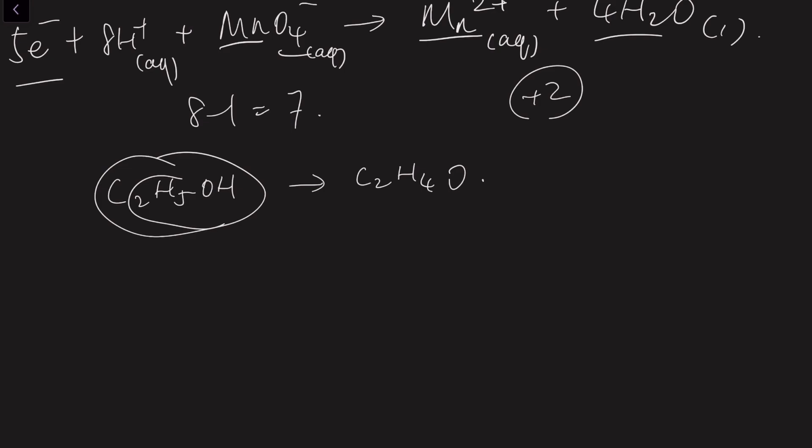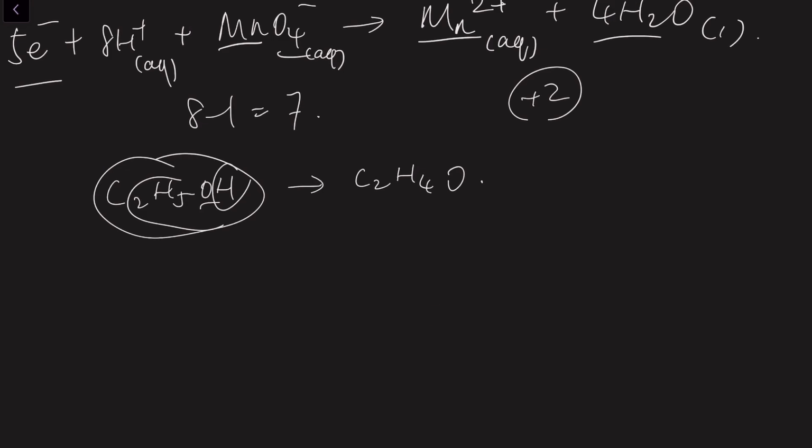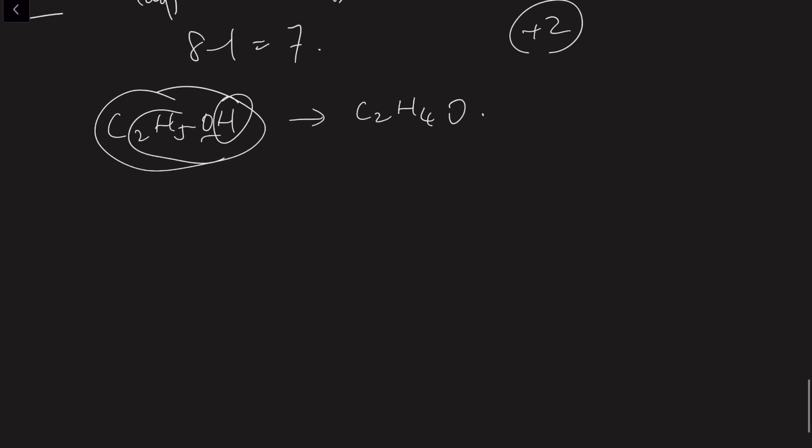And we do not like this form because we have hydrogen hanging here. It's easy for us to see it is an ethanol, but not really easy for us to see how many hydrogens are present. To solve this problem, we write it in a slightly different way. Now it's very easy to see how many hydrogens we have.